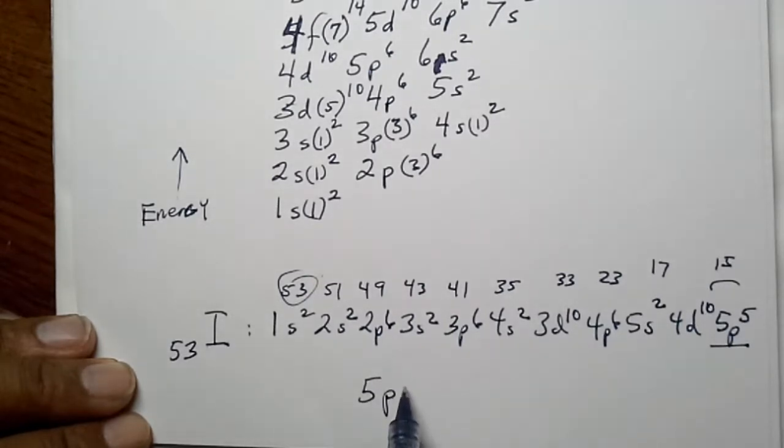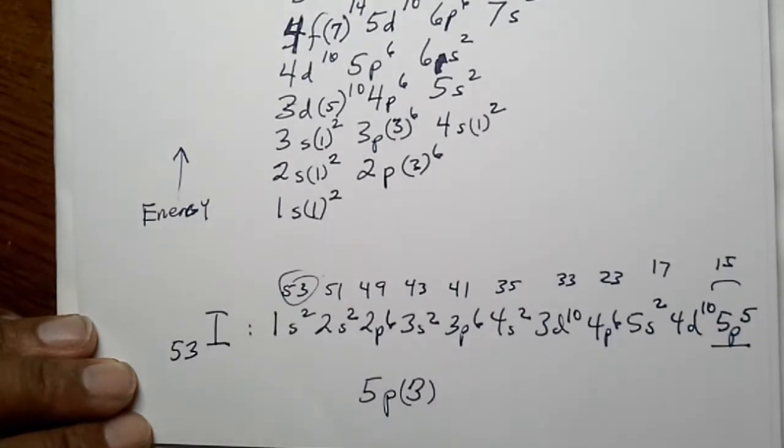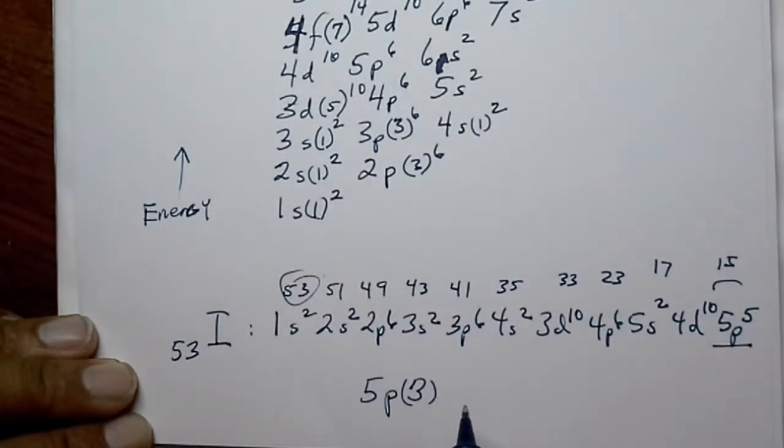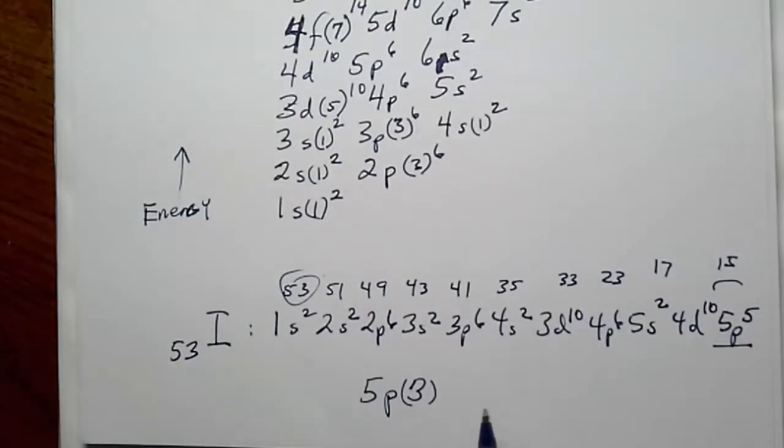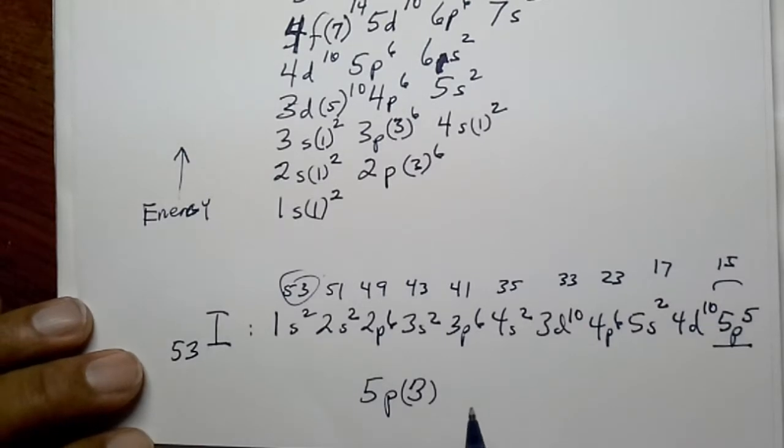So if we have only 5 electrons, we have to remember that there are 3 orbitals, and each orbital has to have one electron before it can have the second electron.